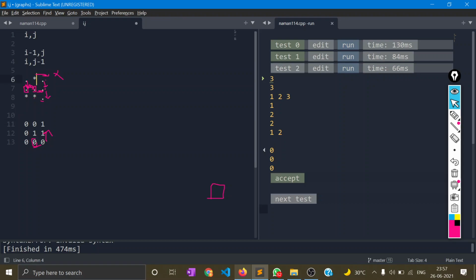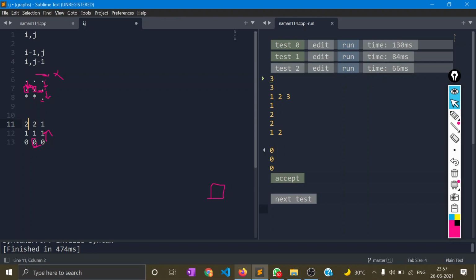Suppose it is not a trap, there would be only one way. So I can get to here from here. I would mark it as one because the number of ways is one only, and then I would mark it as two, because here the number is one, and this would be dp i j plus one. So two here, and similarly two here.